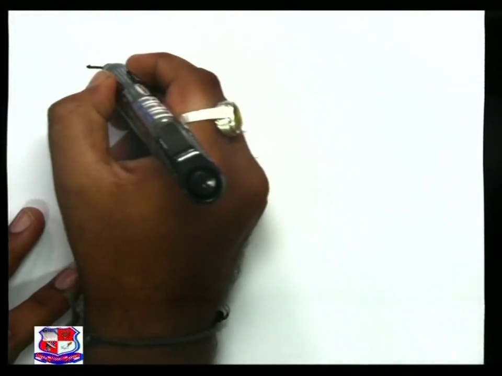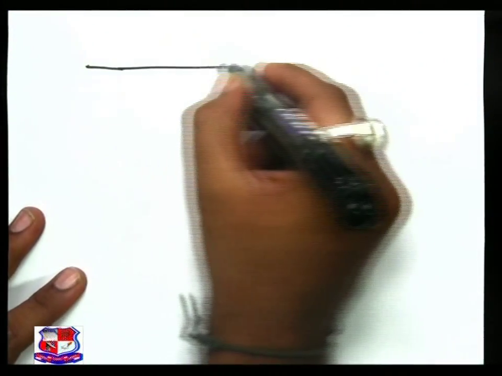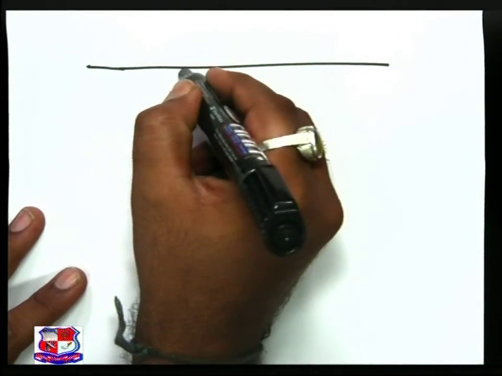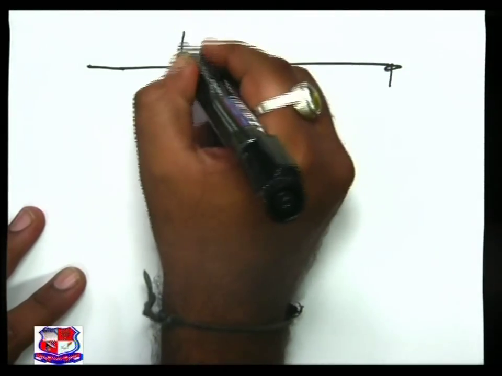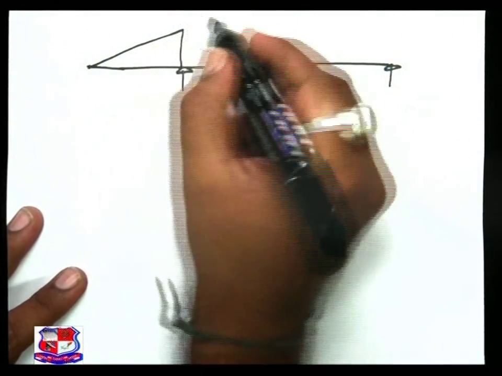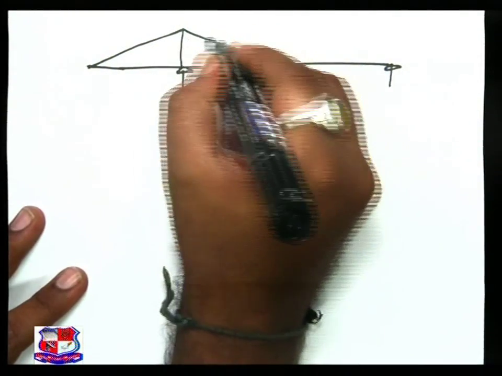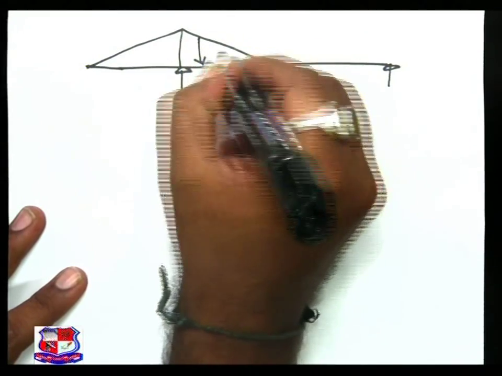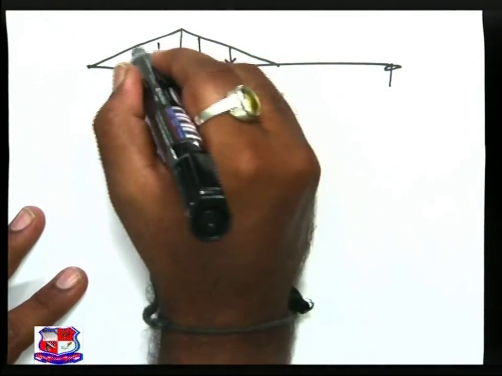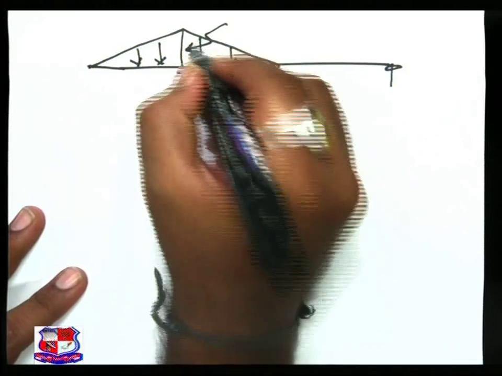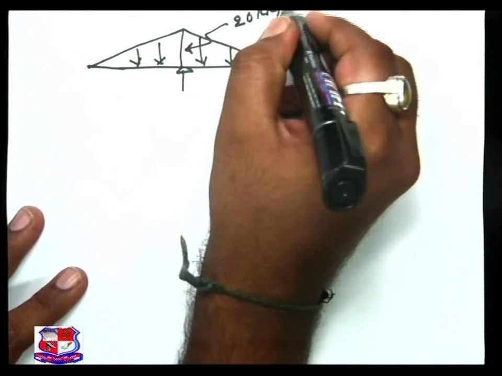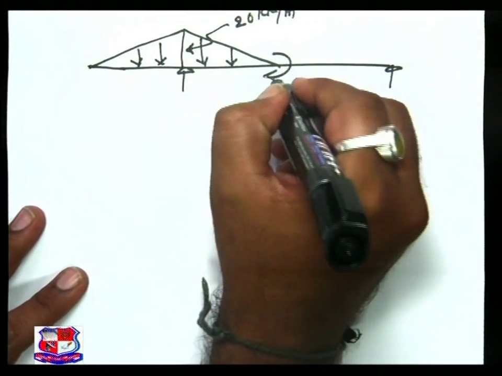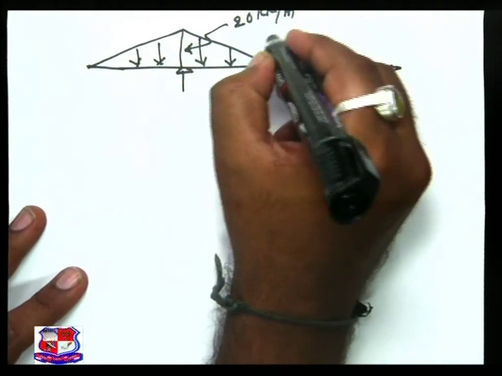The given beam is an overhanging beam. The load which has been given to us is a UVL, and this ordinate is 20 kilonewton per meter. Here a clockwise concentrated moment of 30 kilonewton meter is acting.